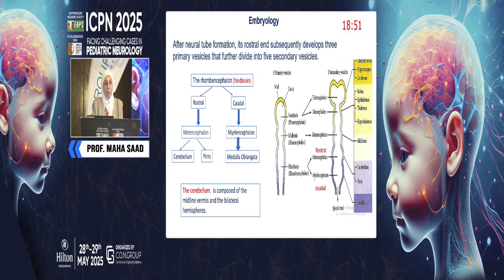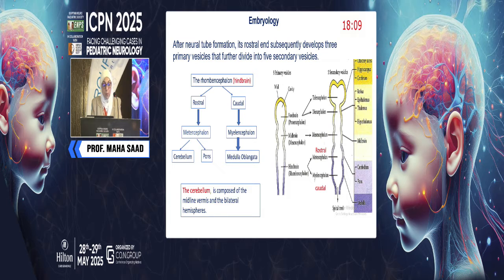After neural tube formation, its rostral part اللي بتتكون بعد كده البرين بتديفايد into 3 primary vesicles اللي بعد كده بتطلع 5 secondary vesicles. ال 3 primary vesicles اللي هما الفور برين اللي بيعمل البروزنكيفالون، والميد برين اللي هو ميزنكيفالون، والهايند برين اللي هو رومبنكيفالون. الرومبنكيفالون its rostral part بيدي حاجه اسمها ميتنكيفالون، اللي بيدي السيربيلم والبونز، والكودال بارت بيدي المايلنكيفالون الميدالا أوبلونجاتا. ده تقسيمه الهايند برين تختلف طبعا عن الميد برين اللي هو الميزنكيفالون، ده انتيتي لوحده.